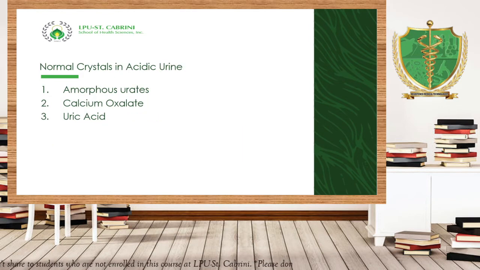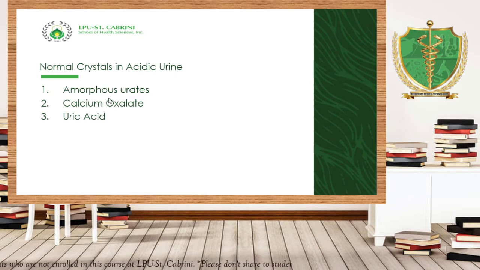Okay? So, sabi ko po sa inyo, there are normal crystals in acidic urine. That is amorphous urates, calcium oxalate, and uric acid. Okay. ACU. Para hindi mo malimutan na si amorphous urates, calcium oxalate, at uric acid ang acidic urine: AC, acidic urine.